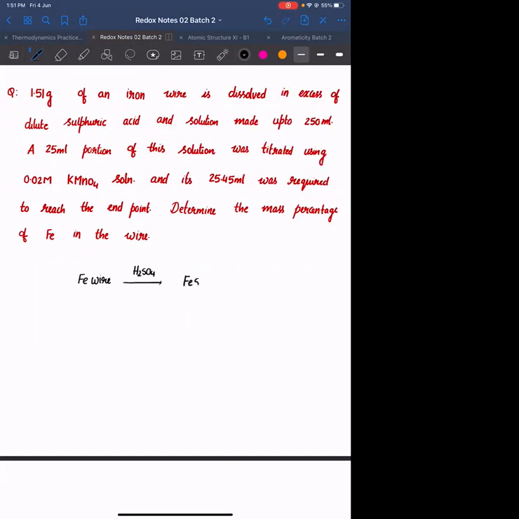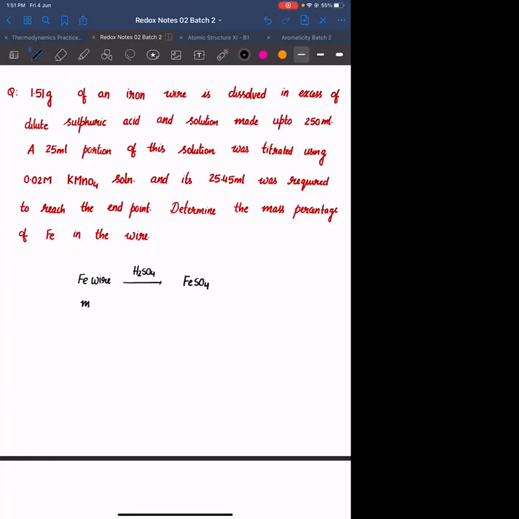It will be converting into FeSO4. Agreed? Yes, sir. The entire Fe is going inside FeSO4. So can I say the moles of Fe in the Fe wire must be equal to the moles of Fe in the FeSO4? From every 1 mole of Fe, you are getting 1 mole of FeSO4.